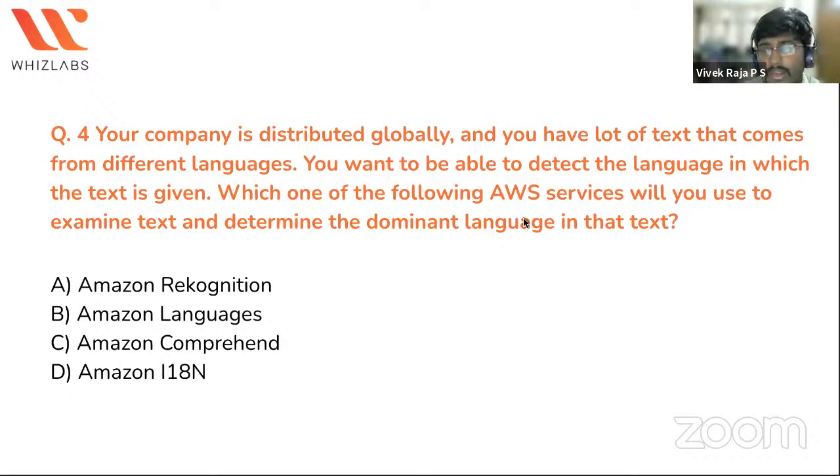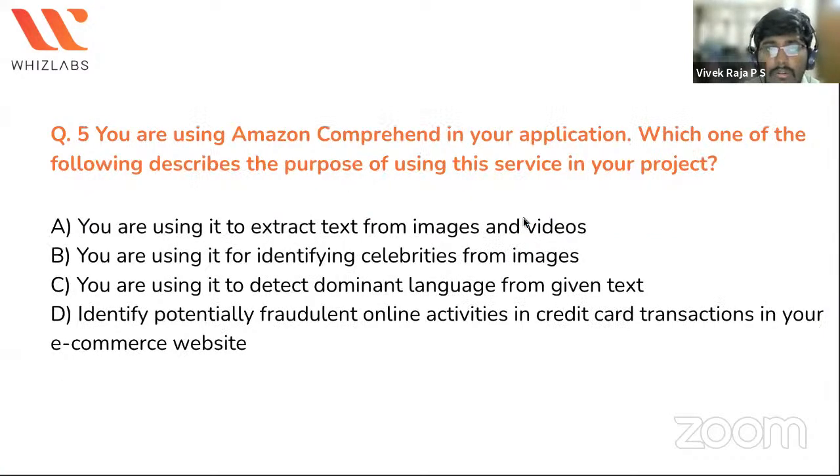So the last question, make sure you do your best on the last question. You are using Amazon Comprehend in your application. Which one of the following describes the purpose of using the service in your project? You are using it to extract text from images or video. You're using it to identify celebrities from images.